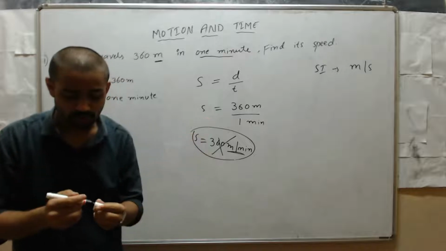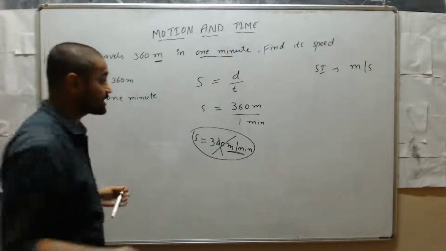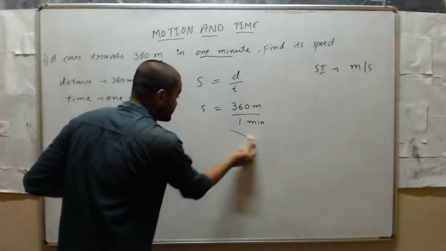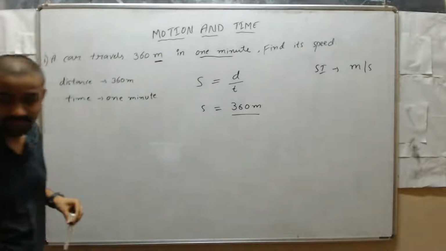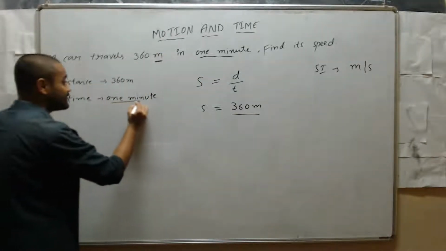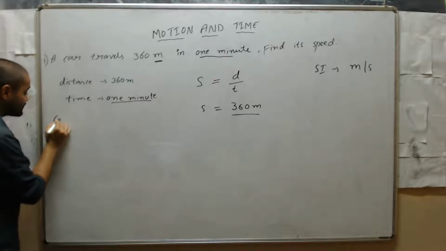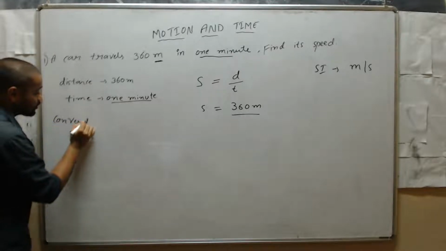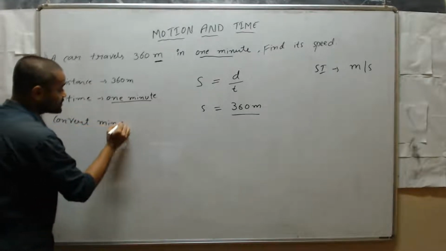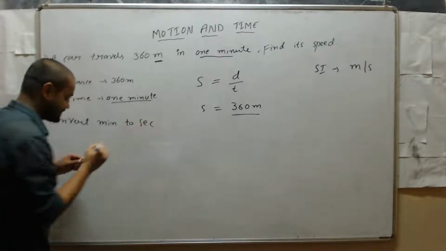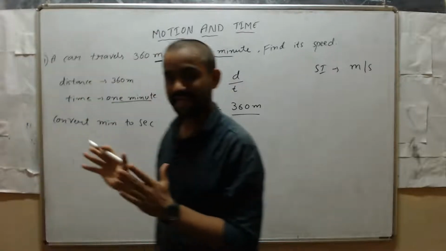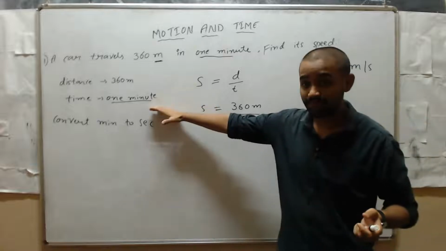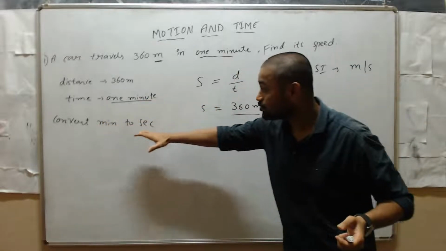So what do we have to do? First we have to convert the time, which he has given in minutes. We have to convert minutes to seconds.